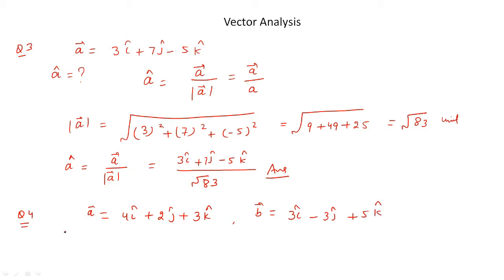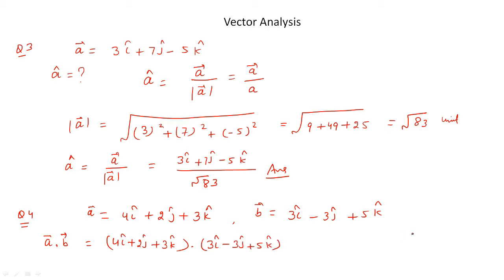Here we have to find vector A dot B. So for finding the vector A dot B, first we will write the vector A. It is 4i plus 2j plus 3k. Then we will write dot and then vector B. Vector B is equal to 3i minus 3j plus 5k.